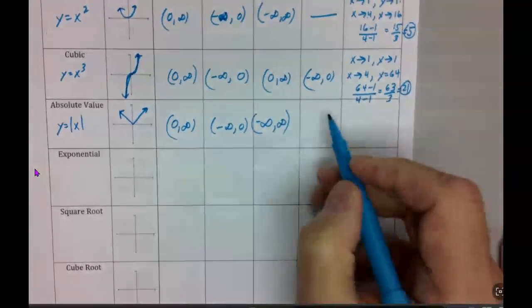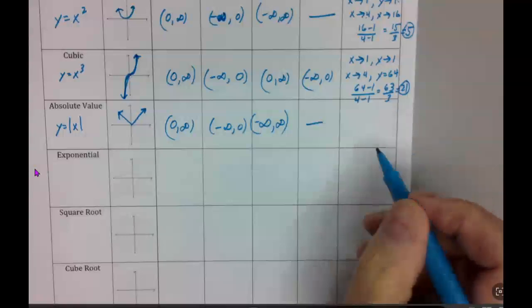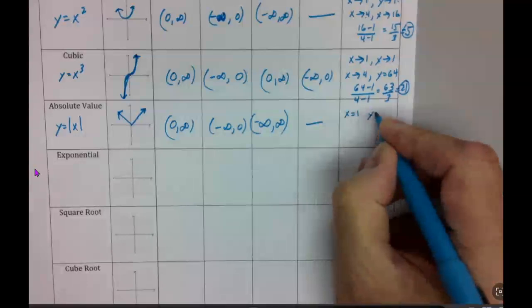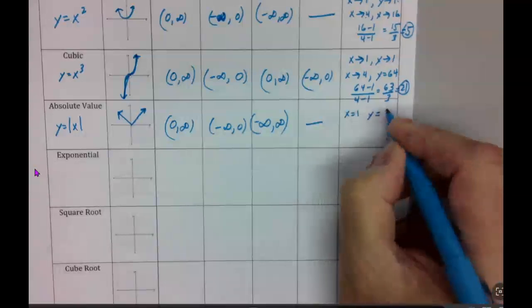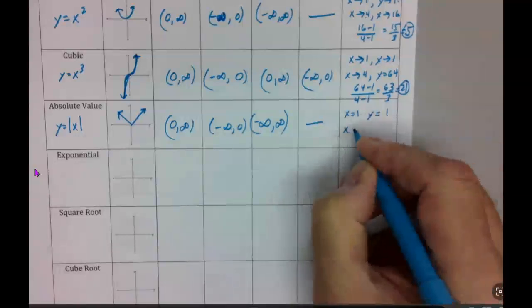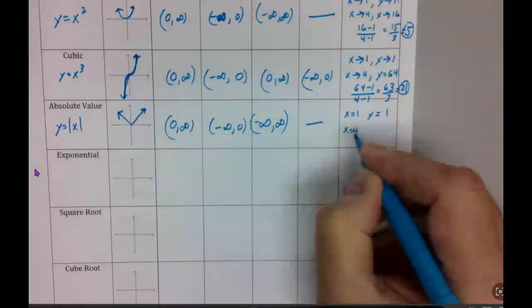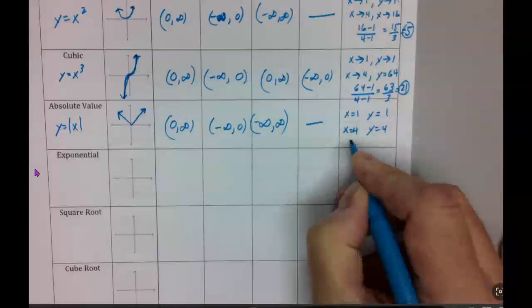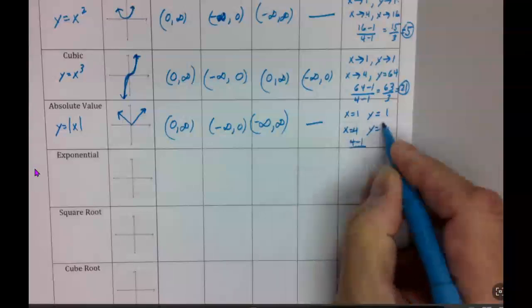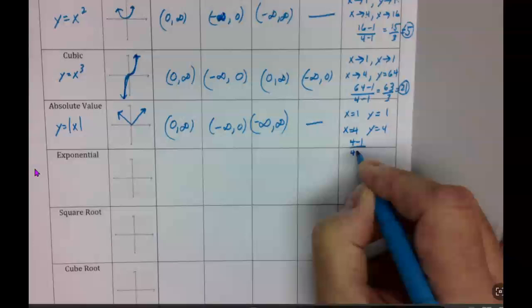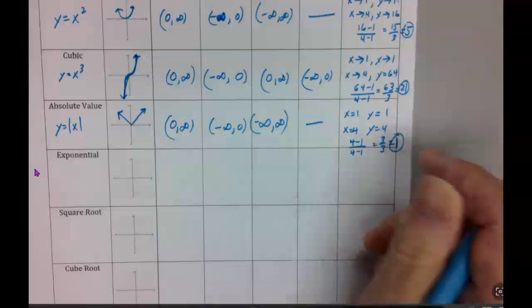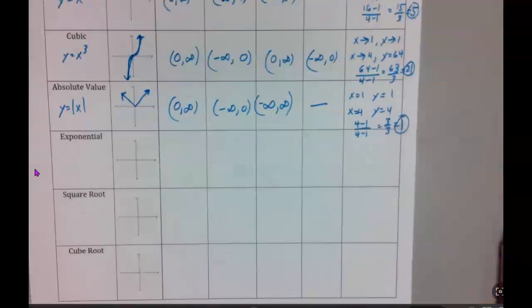It's never negative, and the rate of change, I'm going to pick some points here. When x is 1, y ends up being positive 1. When x is 4, y is 4, correct? So rate of change is 4 minus 1 over 4 minus 1, so I end up with 3 over 3, which is 1. So my rate of change for the absolute value is 1.